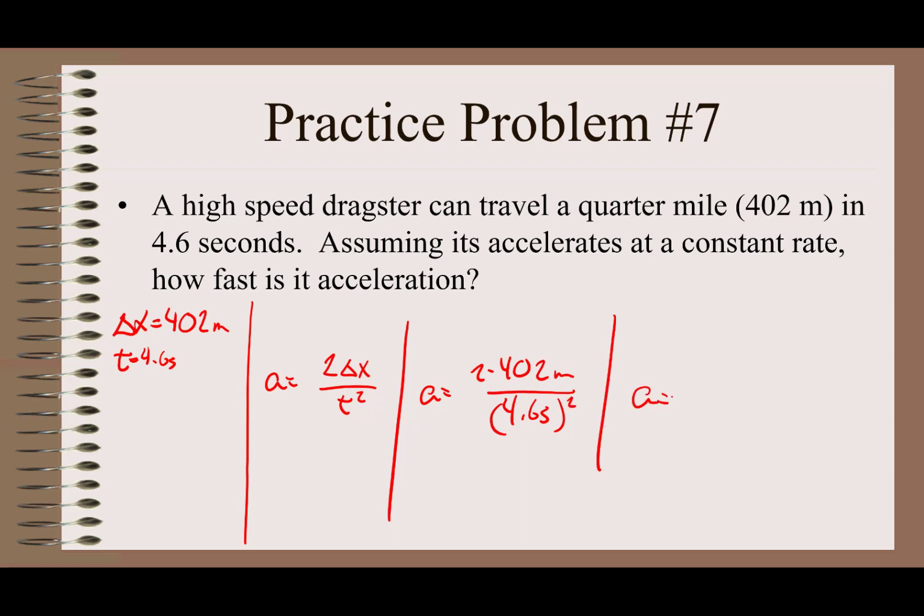Okay, and let's get the calculator out. Oh, we'll call that 38 meters per second squared after a little rounding. All right, those are your 7.